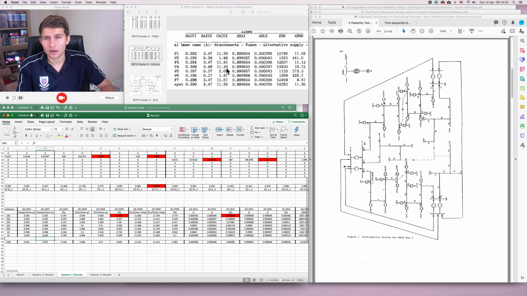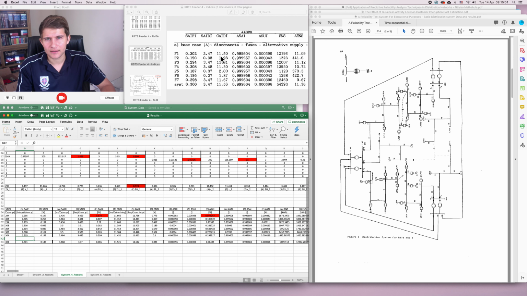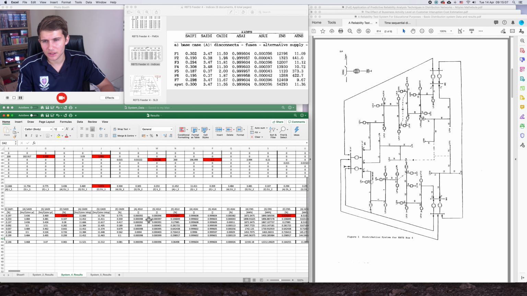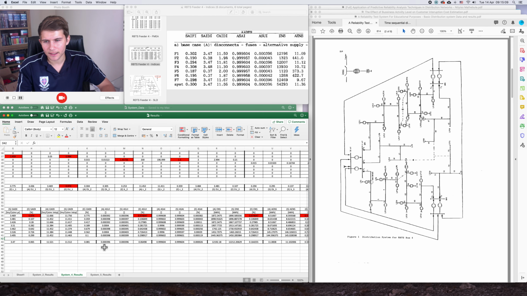His values up here are from the Monte Carlo simulation as well, so they're not from FEMA values. That's why there'll be a slight discrepancy between the two. And then the SAIDI 11.5, and this is off by a little bit because of the simulation error that would have occurred between our two simulations. And then the ASUI, again, this is a very small value, 0.0396, and it needs to agree with a very small error.